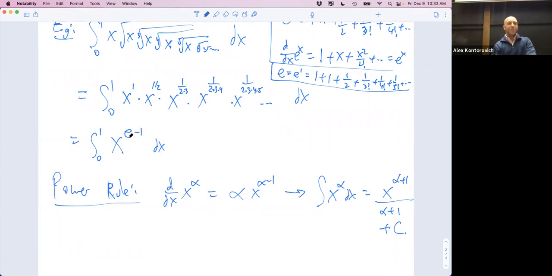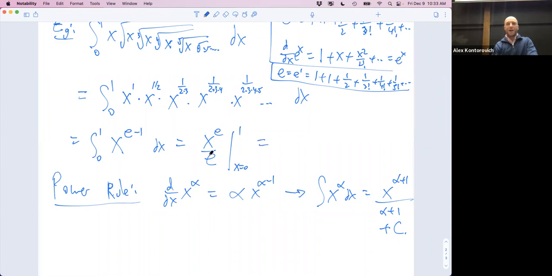So here we have alpha equal to e minus 1. So an antiderivative of x to the e minus 1 is x to the e over e, and we'll evaluate plus c, but we don't need the plus c if we have a definite integral, if we're actually computing an area. So if we're computing this area, we evaluate as x goes from 0 to 1.